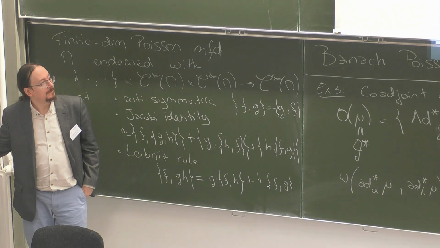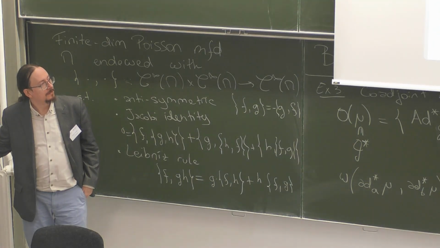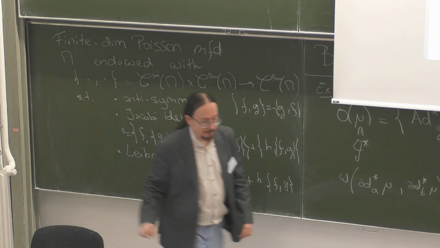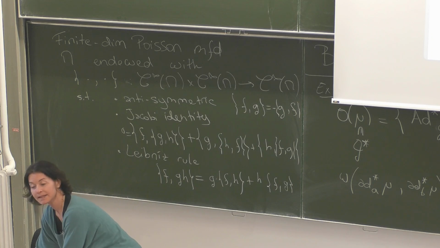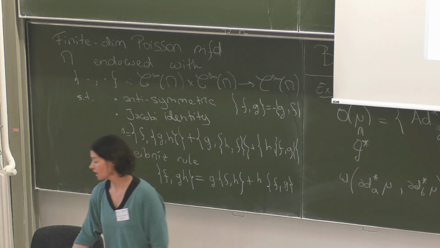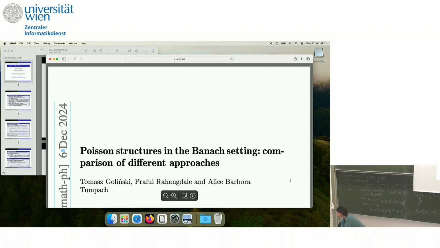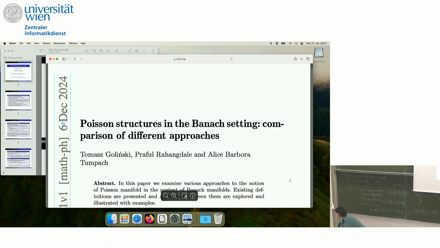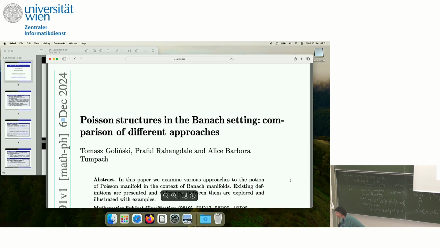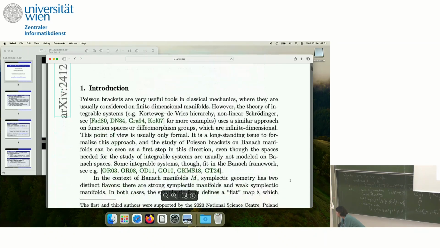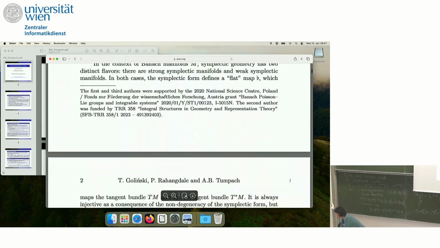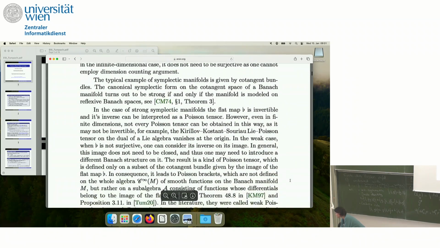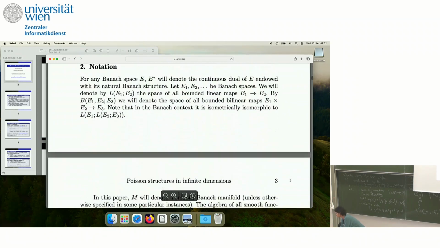I wanted to stress some difficulties, and there are many different ways to go around these difficulties, and it depends mainly on the applications. So in the paper, it's a recent paper from December with Thomas and Praful, we took the different approaches that were in the literature on Poisson geometry and the definitions, and we compared them.